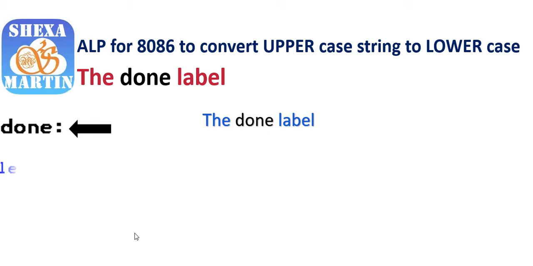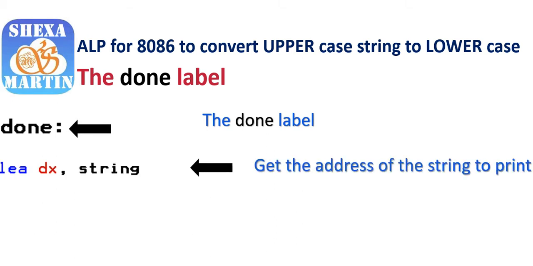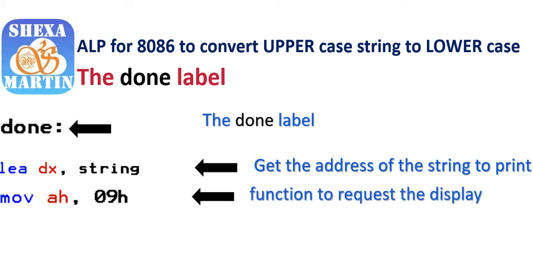So that's done, and we now need to load the effective address, or the memory address, of our string to DX. That's what we are doing in the done label. After that, we request the display, that black screen, by moving the 09h function into AH.